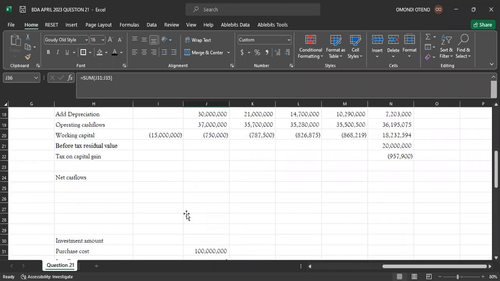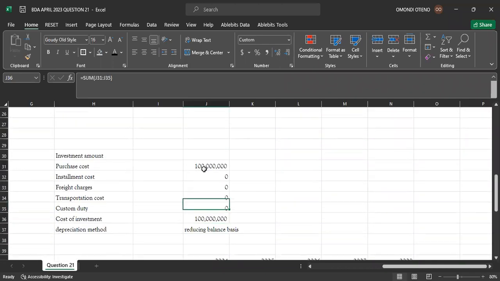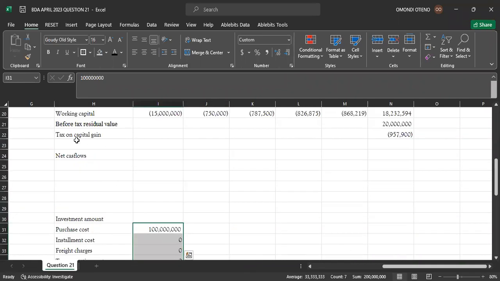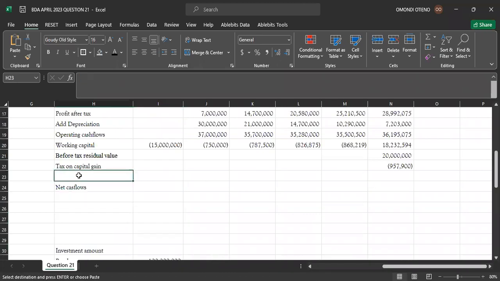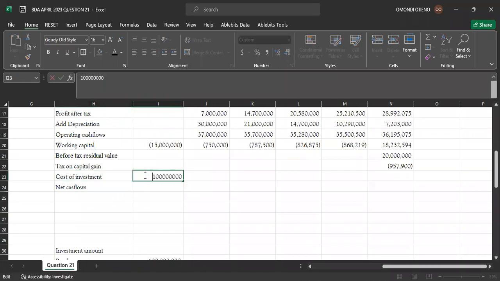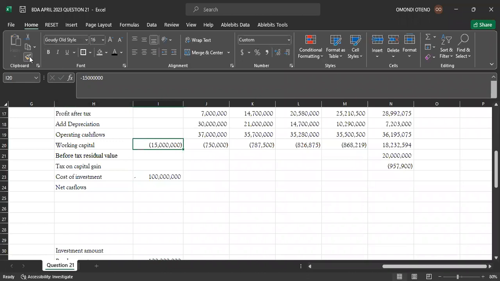The cost of investment at period 0, I was supposed to have it here. So I can bring that there. And of course, I know it is a negative. It is in period 0. So am I able to get my net cash flows?